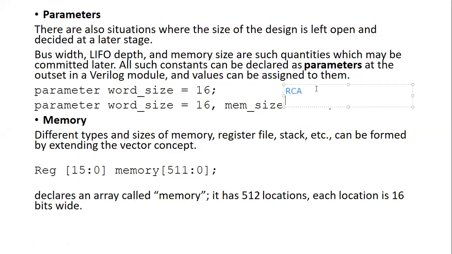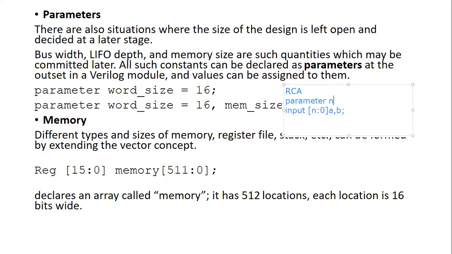For a 4-bit ripple carry adder, I will declare input [3:0] A, B. If I want to change it to n bits, I should keep on changing this to n everywhere. So instead of keeping on changing this value, I will declare it as parameter n.